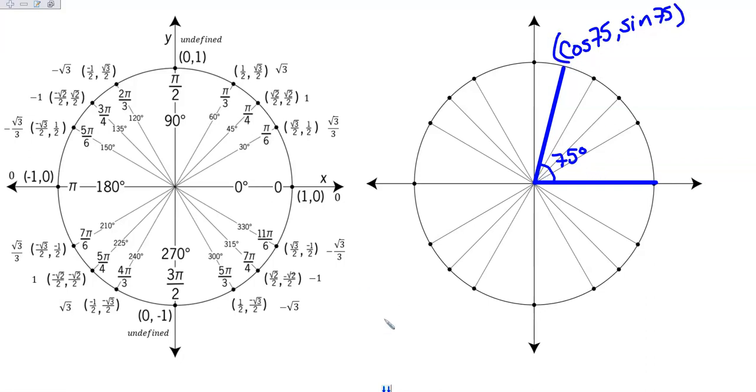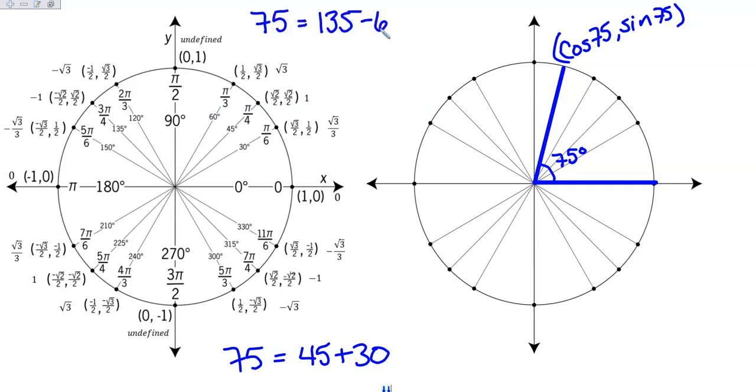If I think about it, I could do this one of two ways. I could say, okay, I know that 75 is 45 plus 30, and I can show you the sum of angles that way. Or I can say that 75 is 135 minus 60, and this is the one we're actually going to talk about real quick.